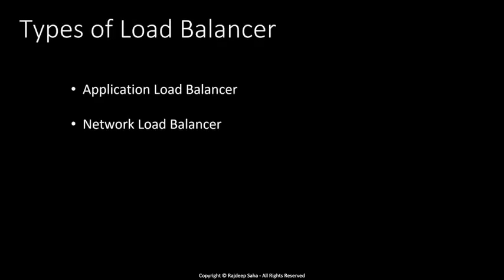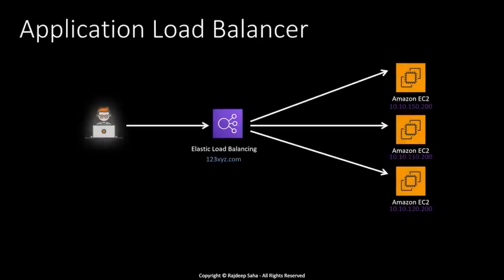So moving on to types of load balancer, there are two different types of load balancer: application load balancer and network load balancer. So what is application load balancer? So let's say your website is www.store.com and you want to invoke different backend for different URL.